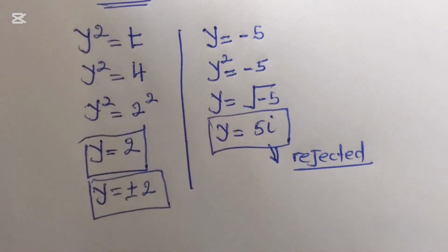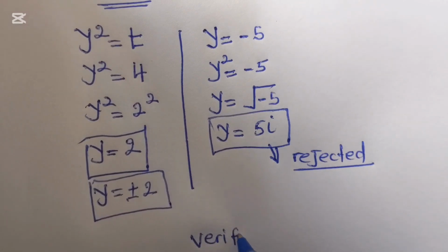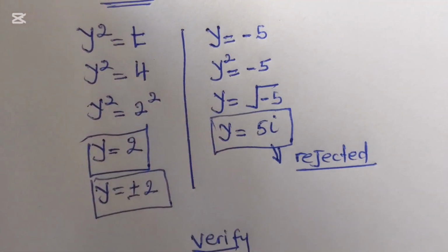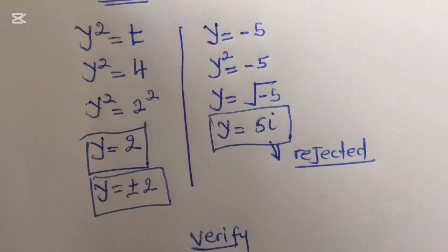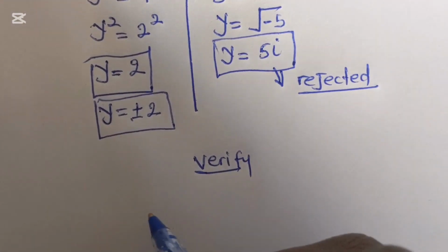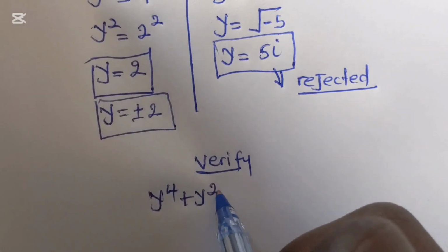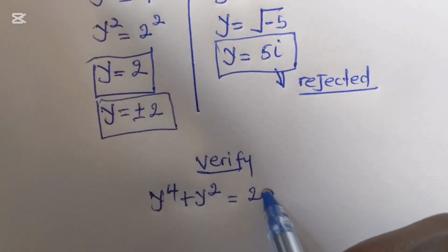Now we can verify or check if our answer is correct. Here we are supposed to have y to the power 4 plus y squared equal to 20.